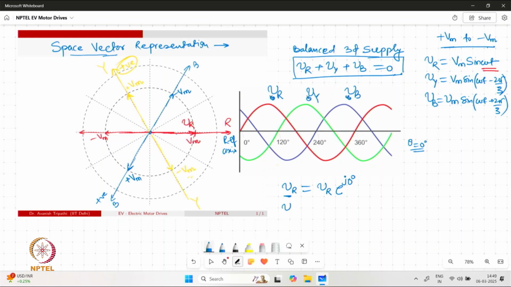Similarly, when I am writing the Vy vector, I will write the magnitude of the vector which is Vy, again varying with respect to time. However, the position is 120 degrees from the reference axis in the counterclockwise direction. So I can write e raised to the power j 2 pi by 3, and then similarly for Vb, the magnitude of the B phase vector, and then the angle formed by this vector from the reference axis, which is 4 pi by 3.